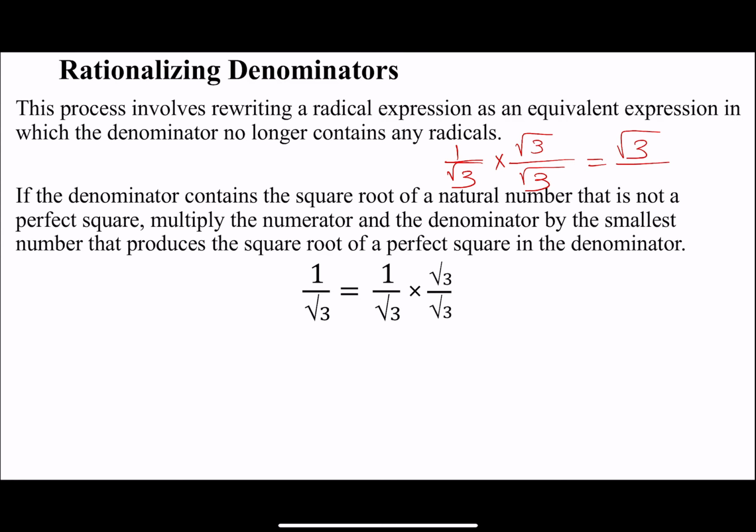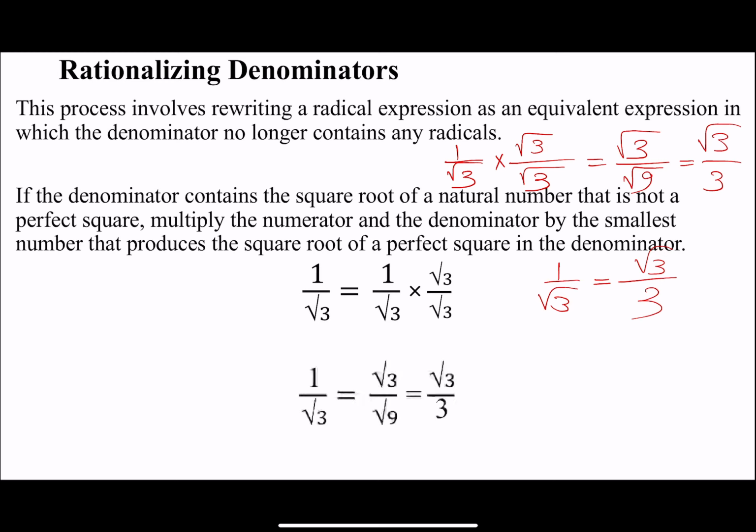In the denominator, the square root of 3 times the square root of 3 is the square root of 9, which is 3. So 1 over the square root of 3 is equal to the square root of 3 over 3. That's the process of rationalizing the denominator.